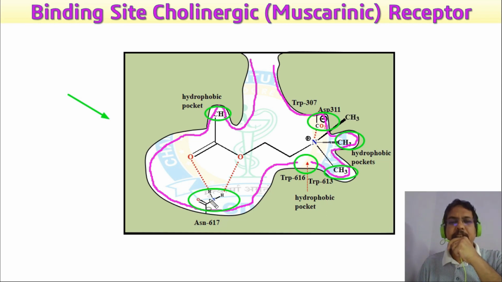Meaning suppose there is a hot spot in the form of a hydrogen bond donor, that is the asparagine, then definitely the complementary part in the ligand must be a hydrogen acceptor.